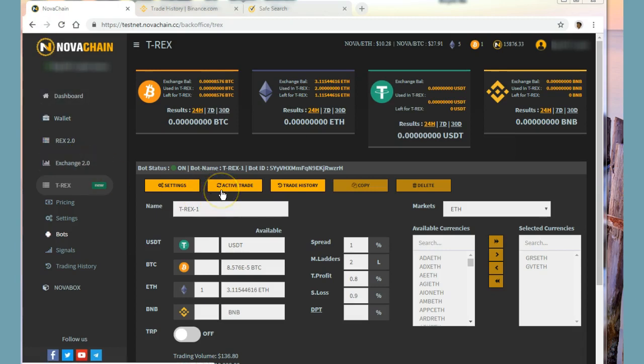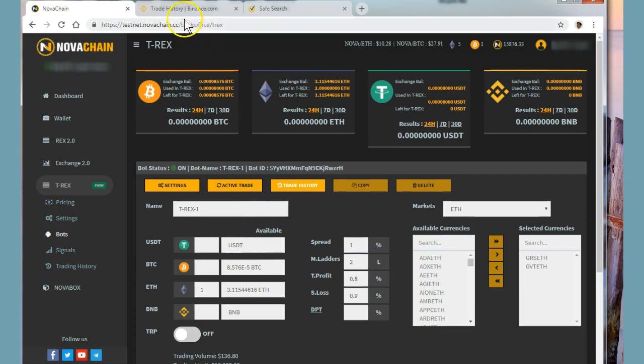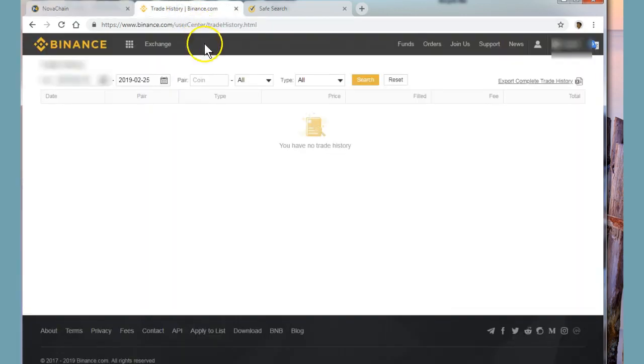The first thing I notice logging in is when I go to trade history, there's none. I don't know what to make of this. I looked at trade history on Binance and there's nothing.